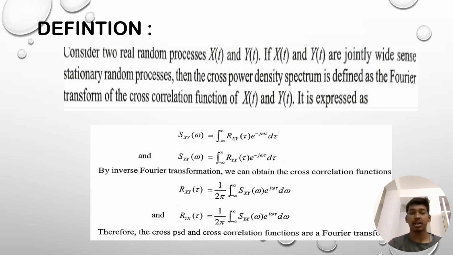If we apply the Fourier transform to the cross correlation function, we get the power spectral density in terms of frequency. If we apply the inverse Fourier transform to the power spectral density, we get the cross correlation function. These are vice versa. Therefore, cross power spectral density and cross correlation functions are Fourier transform pairs.